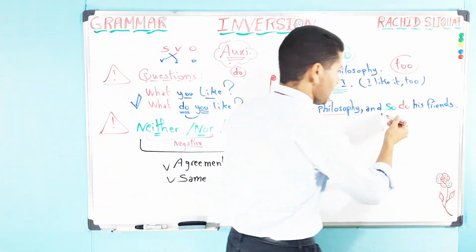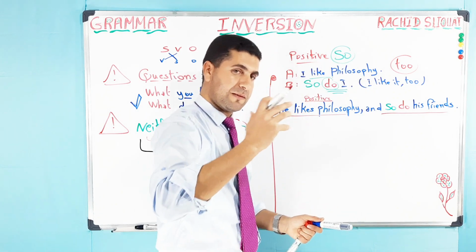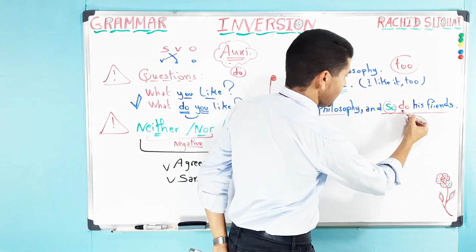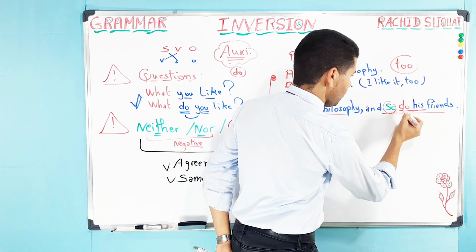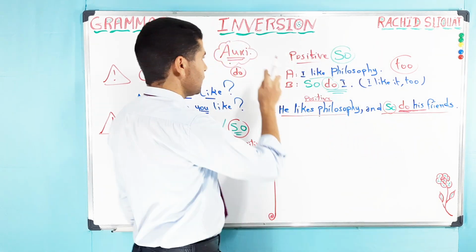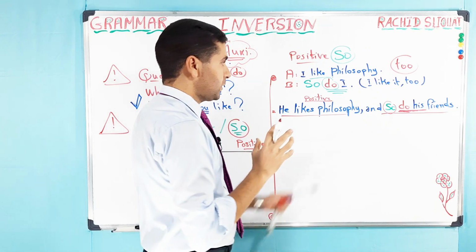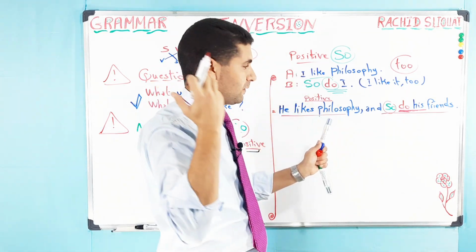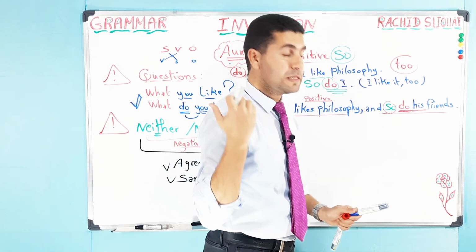Here we have another clause, number two, the second clause with "so", and here we have inversion of do. Do is the auxiliary of the verb because the sentence is in present simple. If the sentence is in the past simple, the auxiliary will be did.